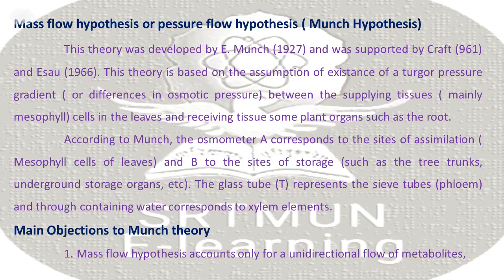This theory is based on the assumption of the existence of a turgor pressure gradient between the supply tissue, mainly mesophyll cells in the leaves, and the receiving tissue from the plant organs such as the root.